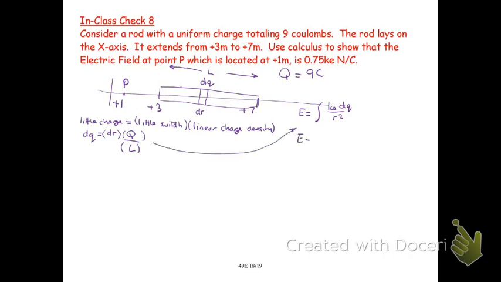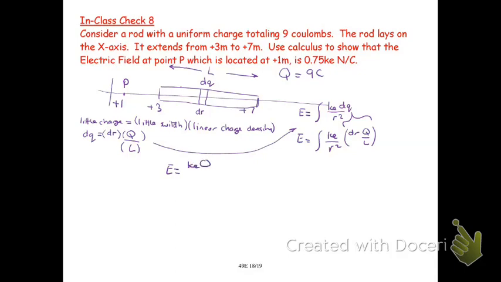So E is equal to the integral of Ke over r squared dr, q over L. I just substituted that for dq. Let's rearrange a little bit. Ke is a constant, so bring it outside.